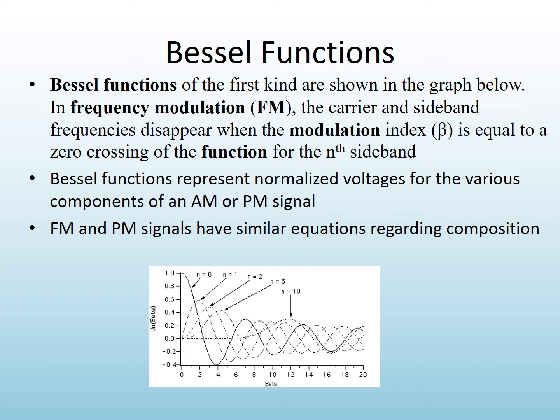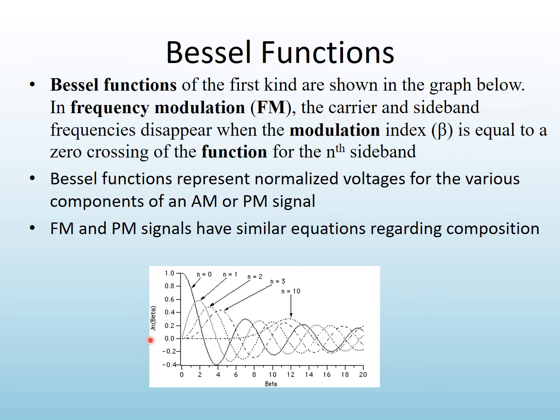It will be equal to 0 when the frequency disappears. For the nth sideband, as n increases, the value becomes almost 0 and the frequency disappears as a sideband. This is what is depicted in this picture.